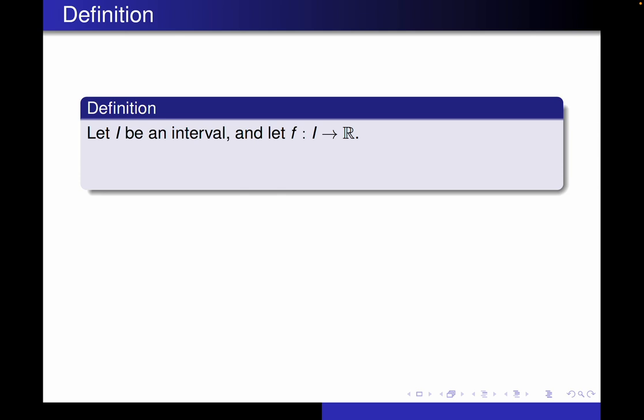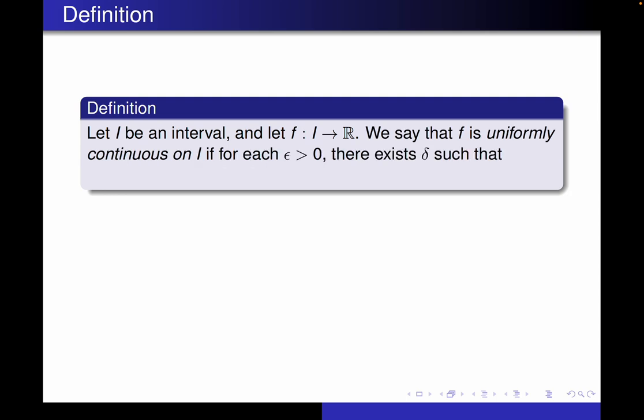So our formal definition is: let I be an interval and let f be a function from I to R. We say that f is uniformly continuous on I if for every epsilon greater than 0, there exists a delta greater than 0 such that for all x and a in the interval I, if absolute value of x minus a is less than delta, then absolute value of f of x minus f of a is less than epsilon.